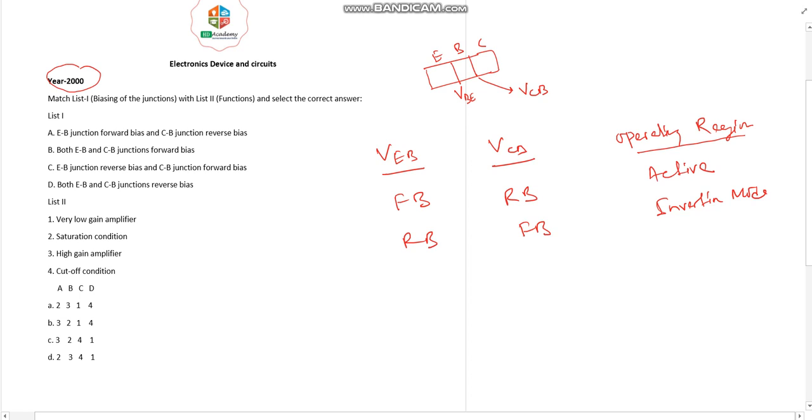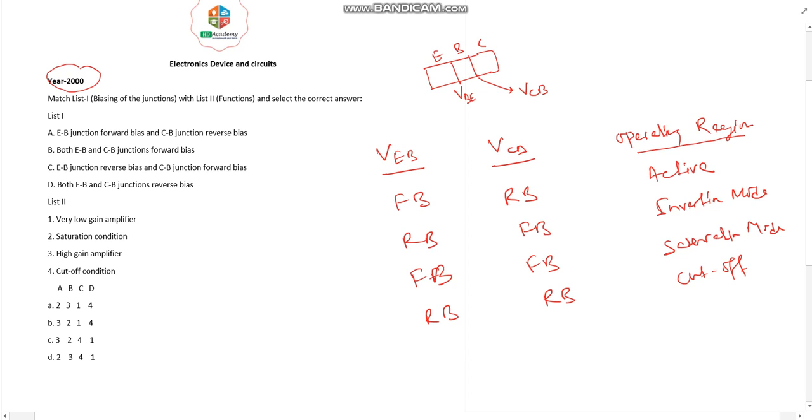If both the base-emitter and collector-base junctions are forward biased, it is saturation mode. And if we keep both junctions reverse biased, then it is in cutoff. These are the four modes of BJT.